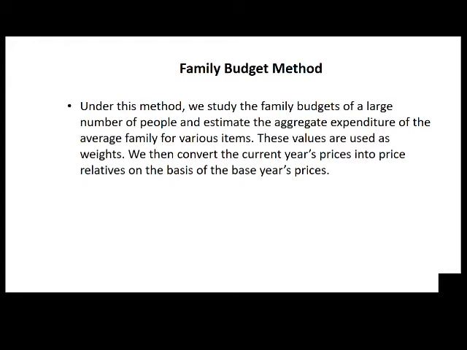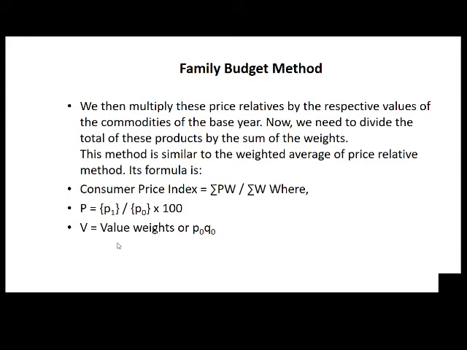We then convert the current year's prices into price relatives on the basis of the base year's price. We then multiply these price relatives by the respective values of the commodities of the base year. Now we divide the total of these products by the sum of weights.